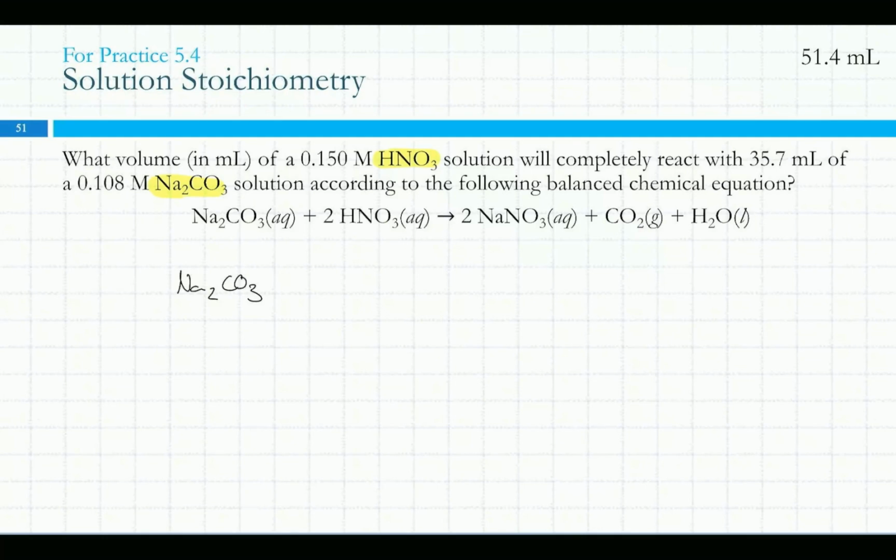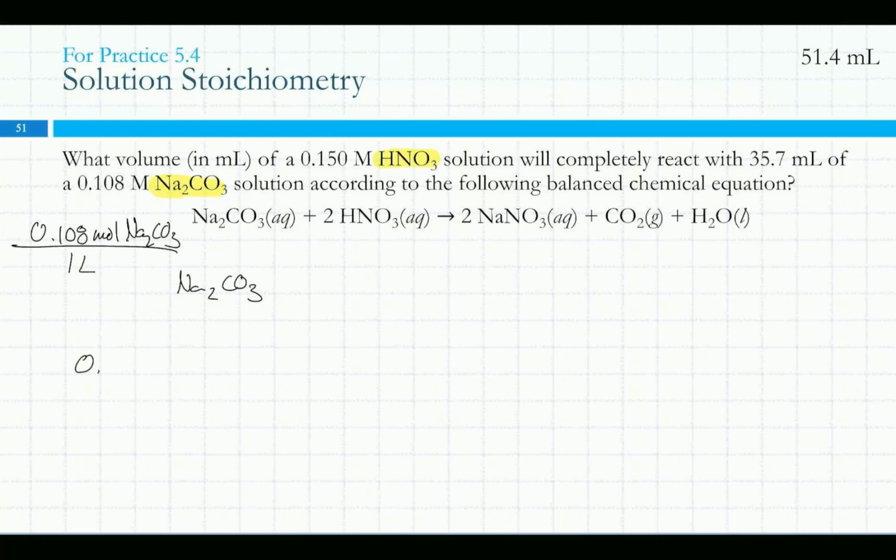But what are the units of molarity? Moles per liter. So this is 0.108 moles Na2CO3 per 1 liter. I'll do it proper, and then I'll tell you there's a shortcut you can take on this.